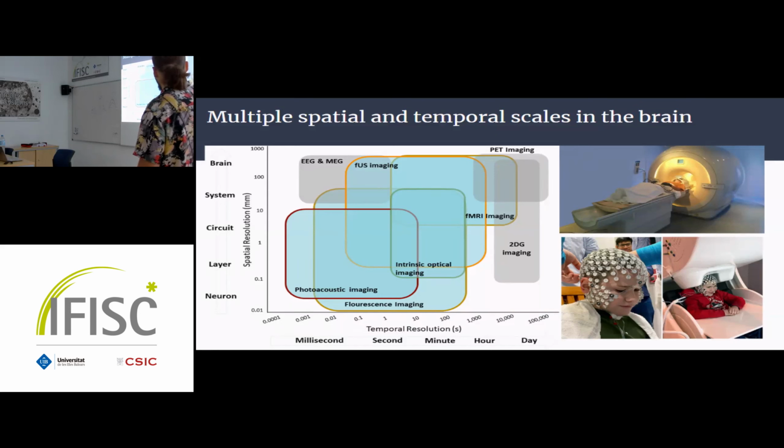For example, here we have functional magnetic resonance imaging, where we can record whole brain activity with very good spatial resolution, but not very good temporal resolution. Here you have EEG, where we have not that good spatial resolution, but good temporal resolution. And here you have MEG, magnetoencephalography, which will provide maybe a better spatio-temporal resolution.